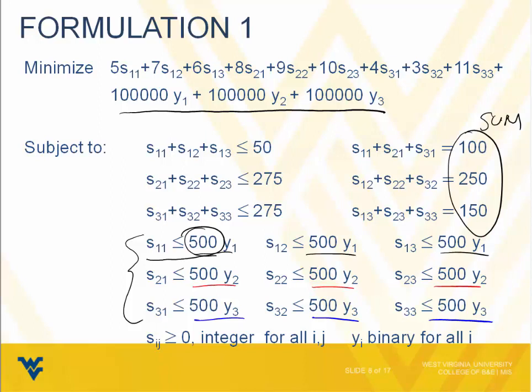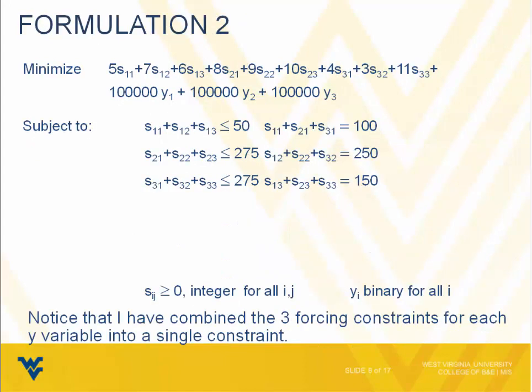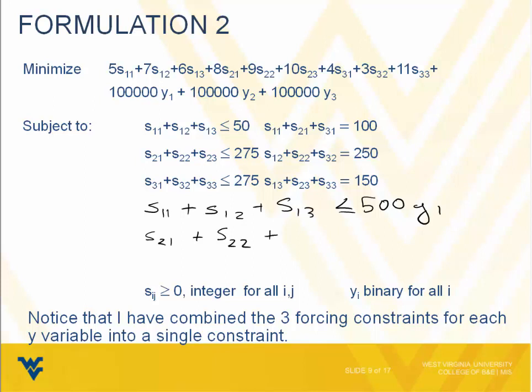So we could combine each of these rows into a single constraint, like this. All we are saying is the amount we ship out of each warehouse is less than or equal to the total demand if that warehouse is open.